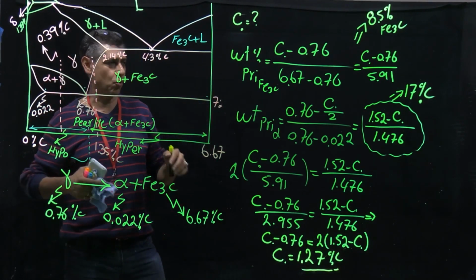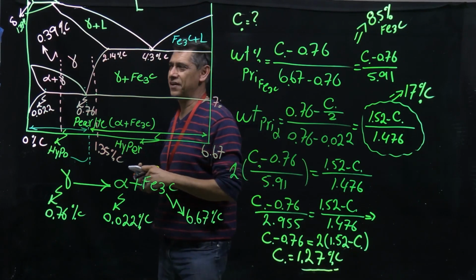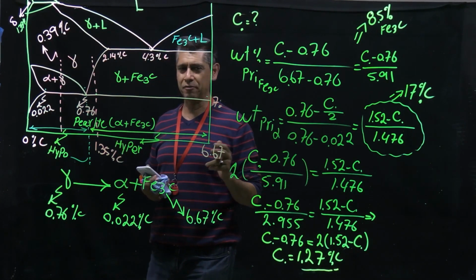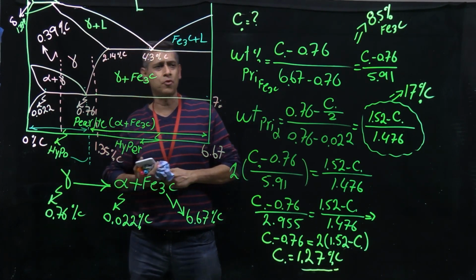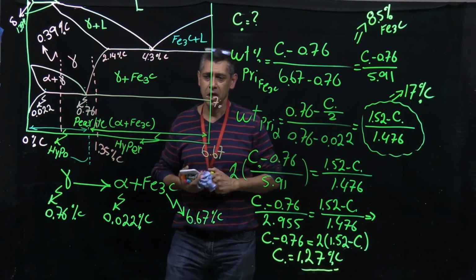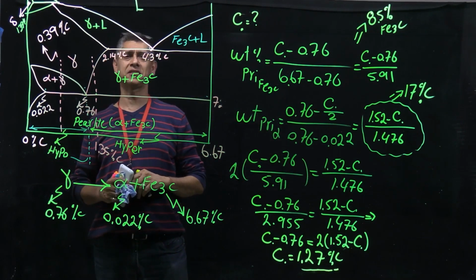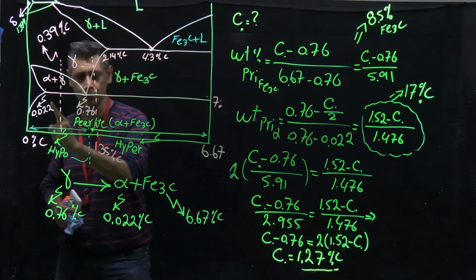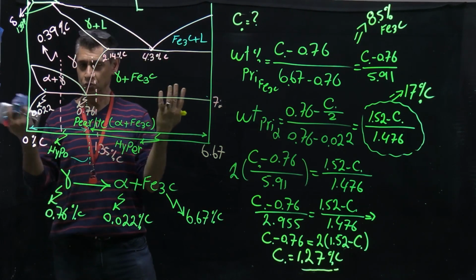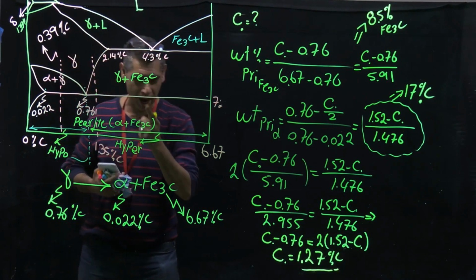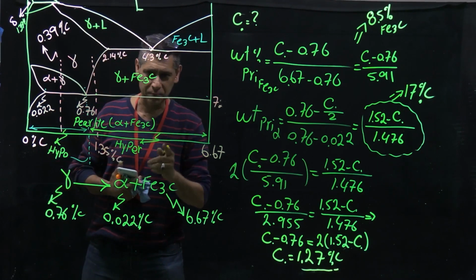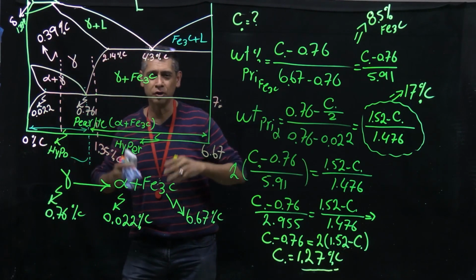And if I ask the question, what is the carbon content of an alloy in which, by reducing the carbon content to half, the percentage of primary phase remains the same, there is only one answer. It has to cross. There's no other solution. Because if I'm in hypo, staying hypo, or if I'm hyper, staying hyper, it cannot remain the same.